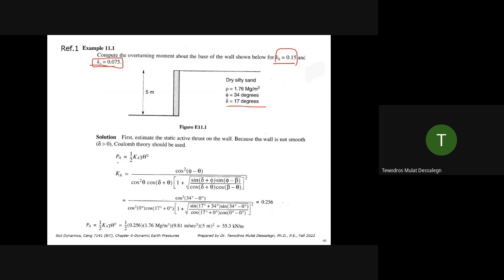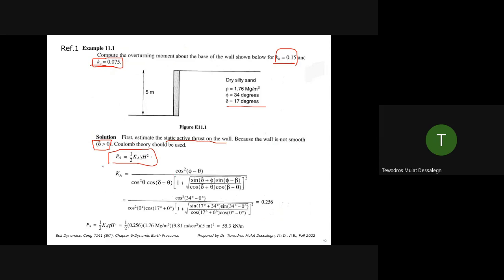So you have a dry silty sand, density 1.76, phi 34 degrees, and wall friction 17 degrees. So the static active pressure, half Ka gamma h squared, you can calculate this. So first estimate the static active thrust on the wall. Because the wall is not smooth. Now if it is smooth, what do we use? The Rankine theory, right? If you put wall friction equal to 0, you should get a Rankine solution from Coulomb.